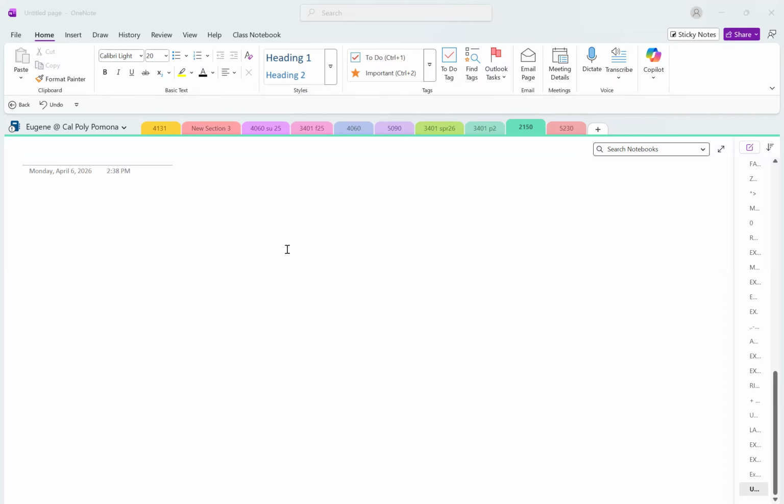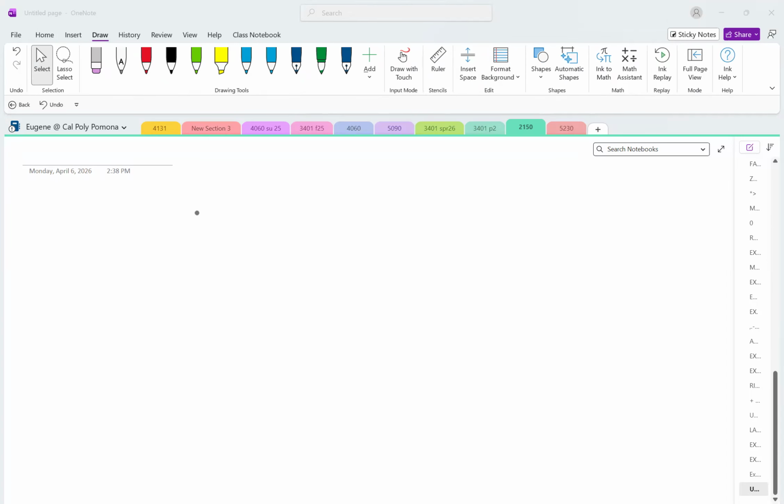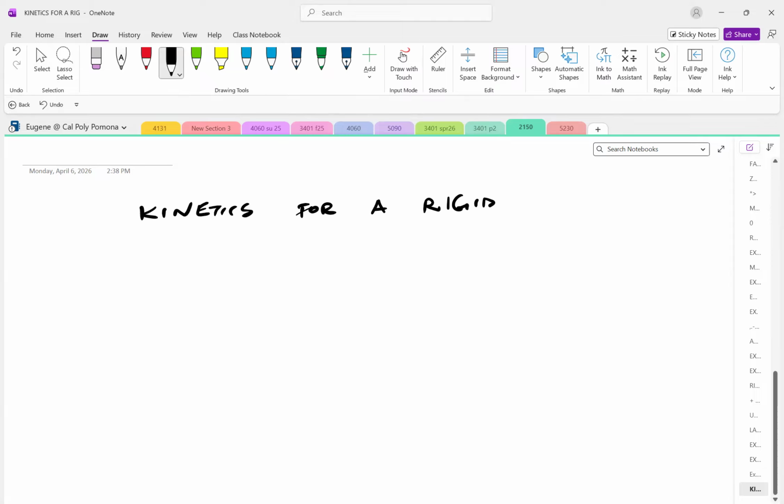Let's quickly walk through kinetics for a rigid body as opposed to a point.